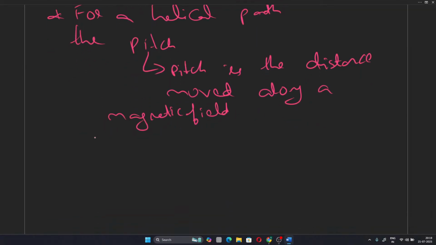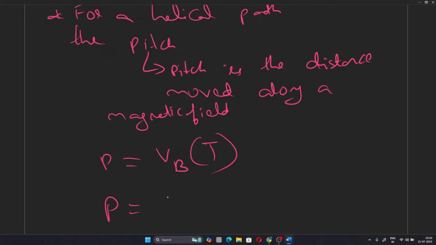So this pitch, denoted by p, equals the velocity component along the magnetic field direction, V cos theta, times the time period.